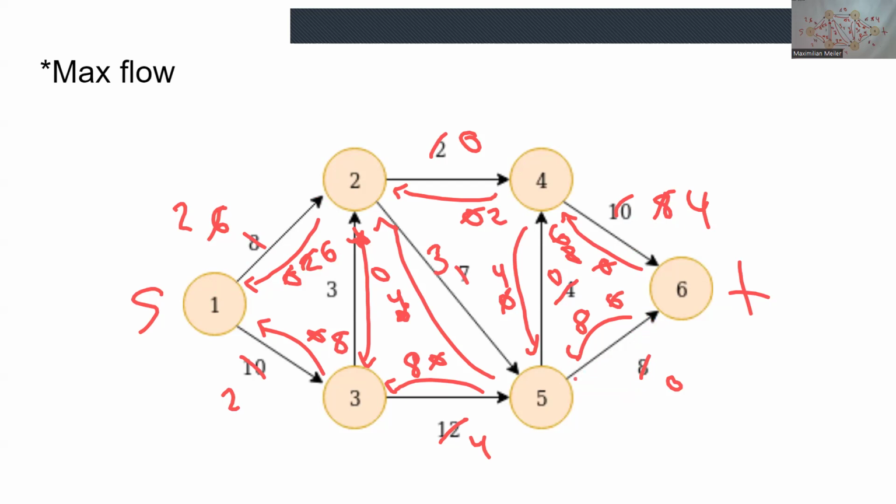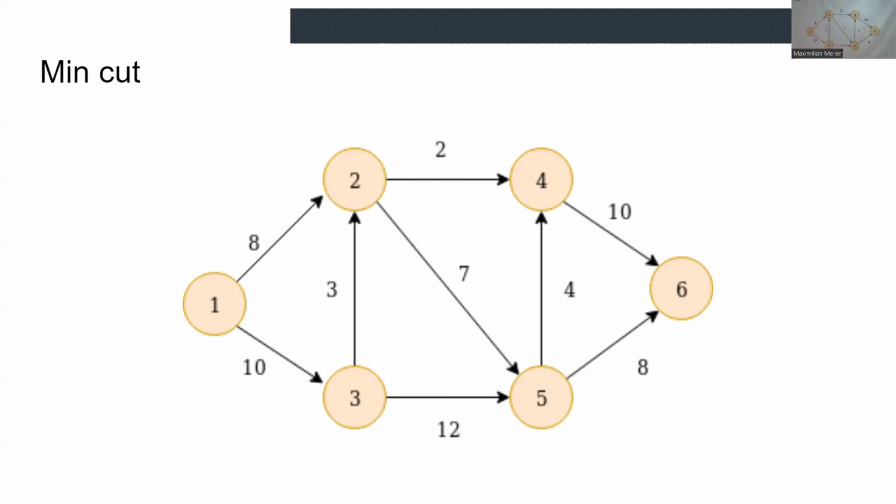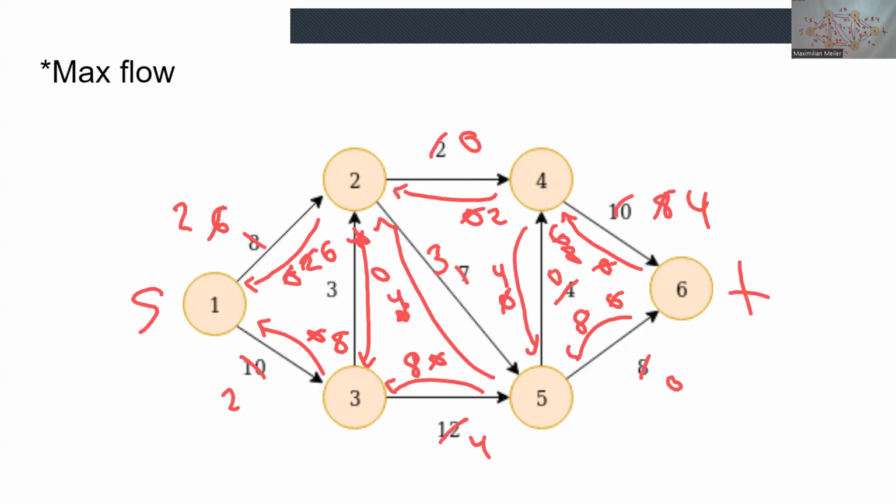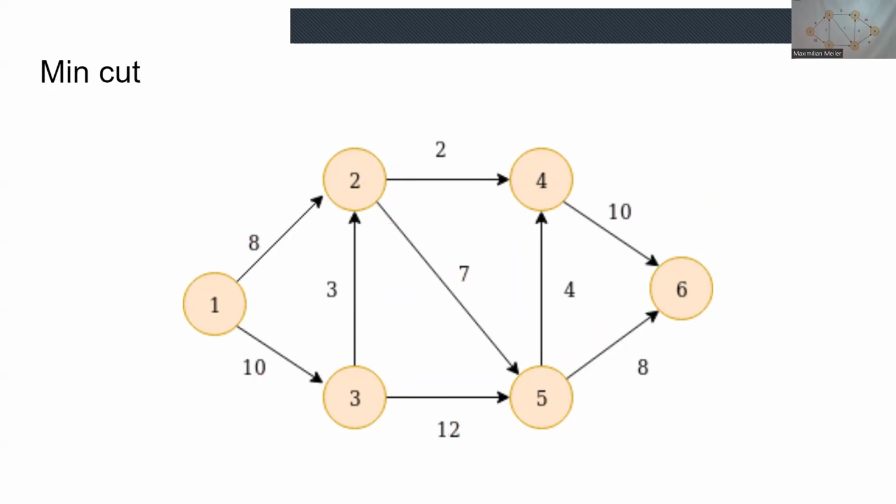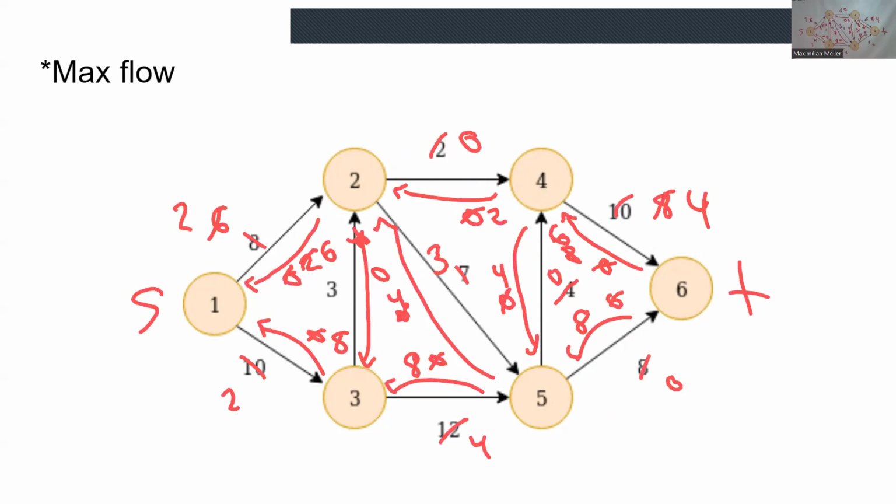This edge is completely saturated, so we can't flow more from here. This edge has room, but anything coming into here, here's a 0, here's a 0. So there's no more room coming into here. We pretty much know we can't pump any more into the sink because everything else is blocked. There's 0 room to flow into here, 0 room to flow into here, and 0 room to flow into here. Let's mark that off real quick.